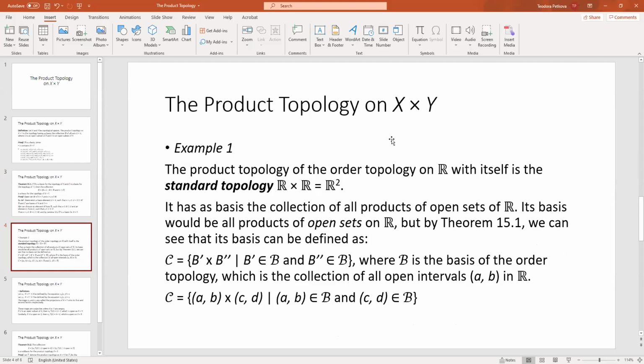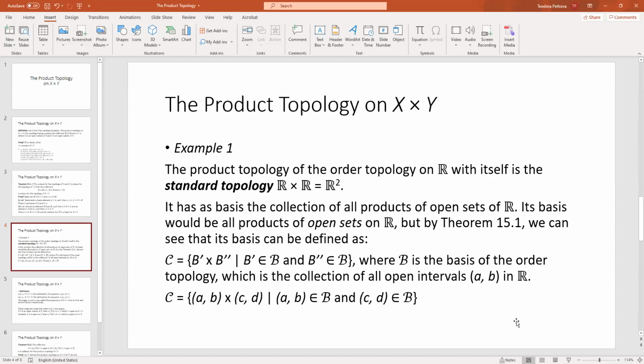So by definition, its basis is the collection of all products of open sets of R. But if we apply theorem 15.1, we can define its basis as the collection of all open intervals on R, as we see down here. And this makes it a little bit smaller and easier to work with, I guess.